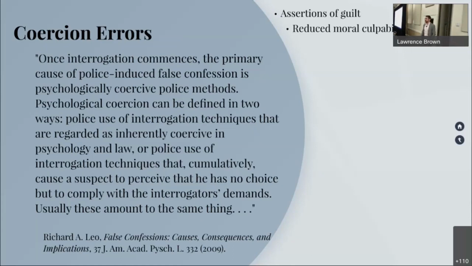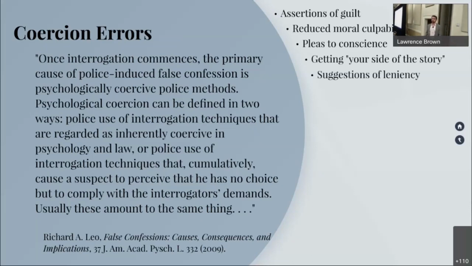It's not as bad that way. Or pleas to conscience. Or, look, man, I'm just trying to get your side of the story. Help me help you. Maybe it'll help. There'll be other causative consequences. You and your family can move on. Or one of my favorites, you can save the expense of a lawyer.